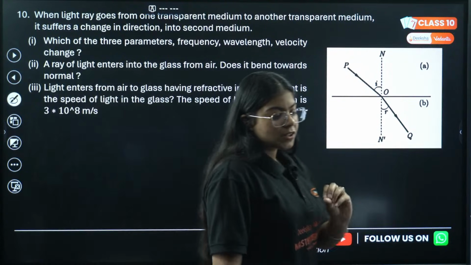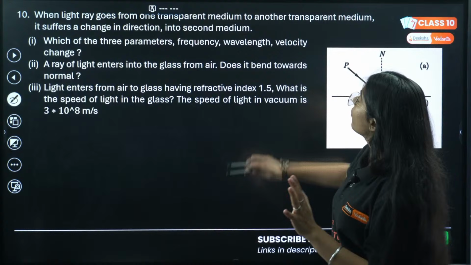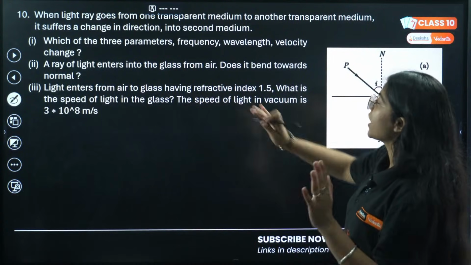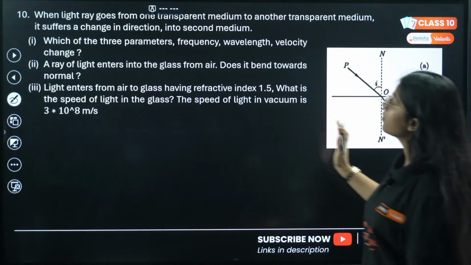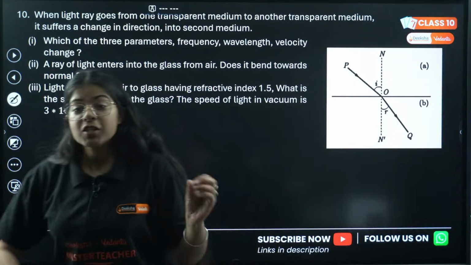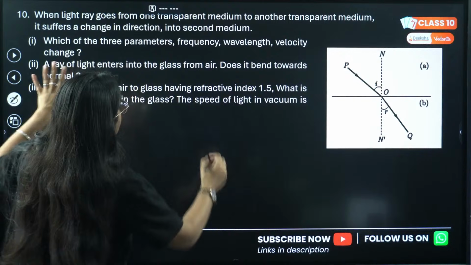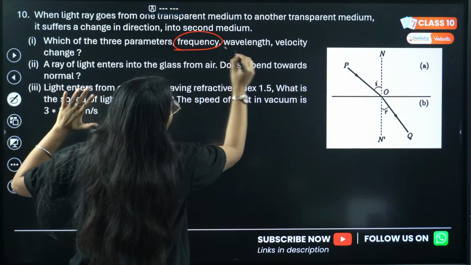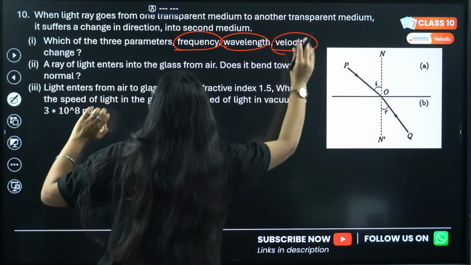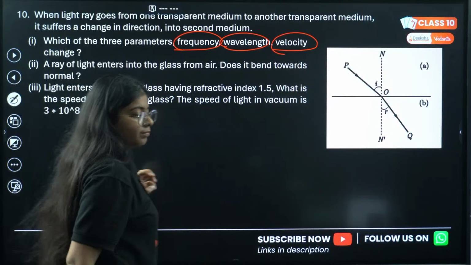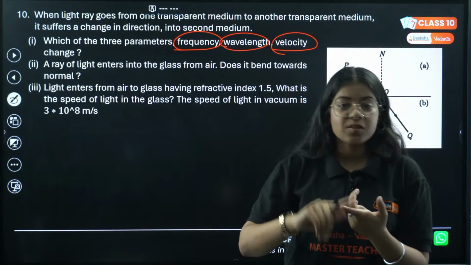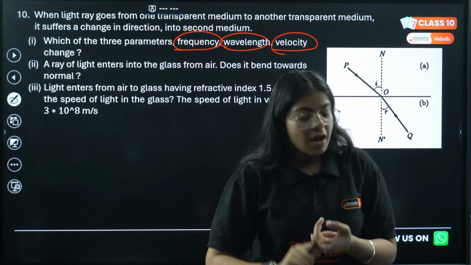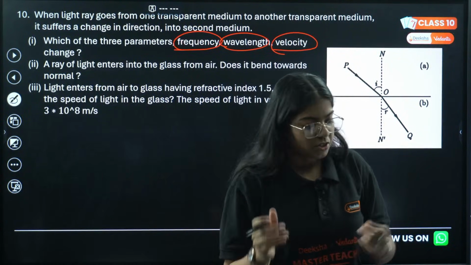We know that a light ray bends towards the normal in the second medium. Which one of the three parameters, frequency, wavelength and velocity, of this light ray changes?